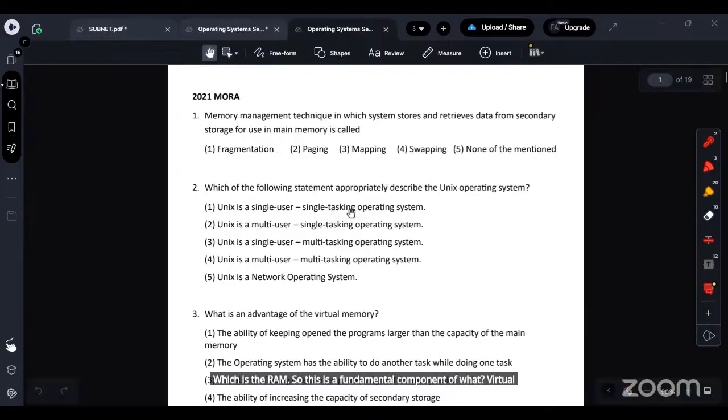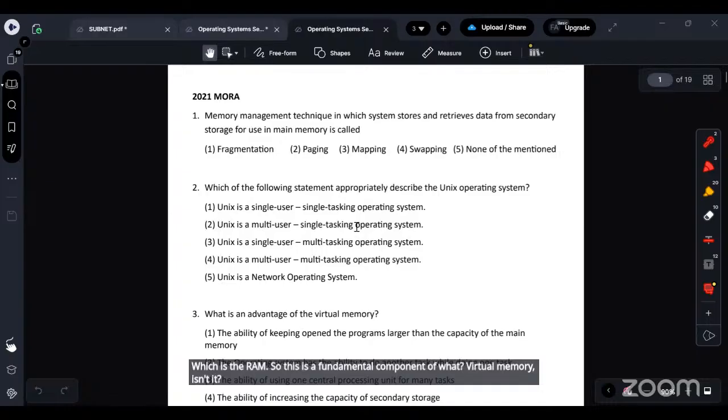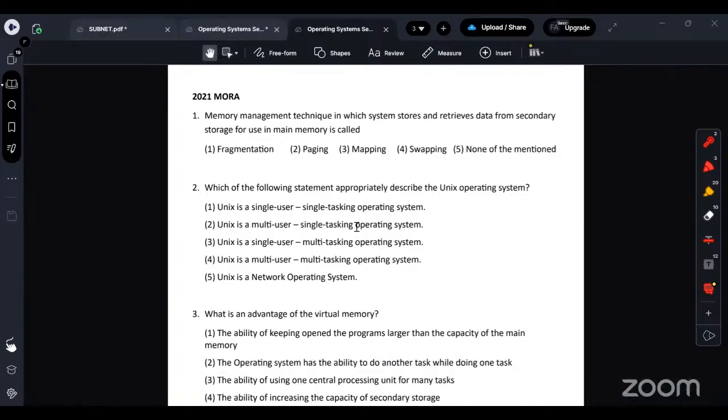Virtual memory, isn't it? So I hope the ones who got it wrong is clear.